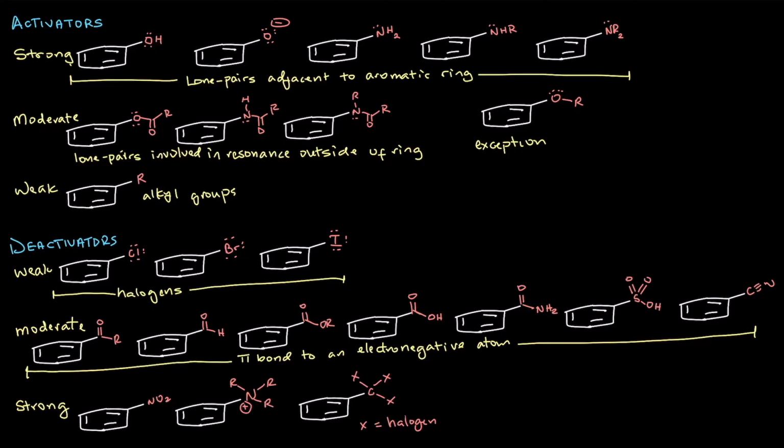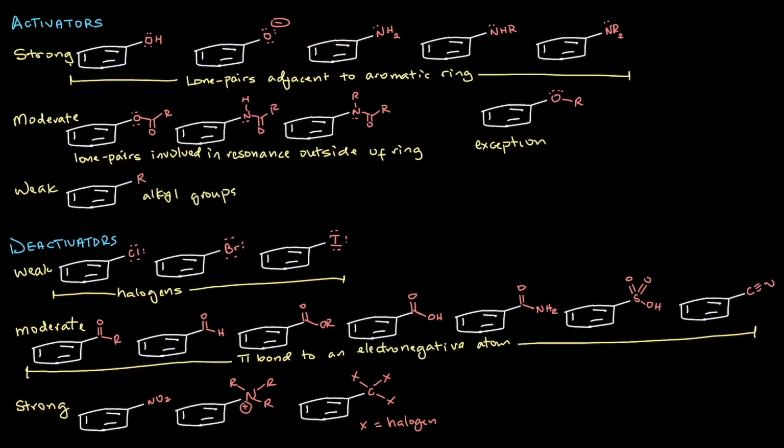And then lastly, your very strong deactivating groups. There's really not that much of a pattern here. However, a lot of these are very, very strongly inductively withdrawing. So it turns out the inductive effect in all these cases is really, really strong. So your nitro group we just talked about, that's pretty strongly deactivating. But same as your alkyl ammonium.